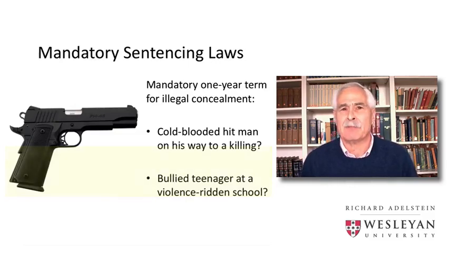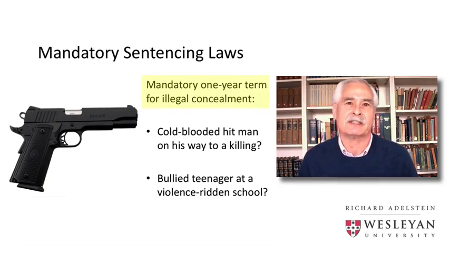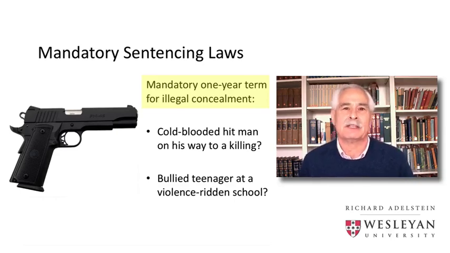Let me give an example of the individualization of moral costs, suggested by the attempt of the state of Massachusetts, just north of Connecticut, where I am now. Several years ago, Massachusetts attempted to impose a mandatory sentencing law on the illegal possession of concealed handguns.